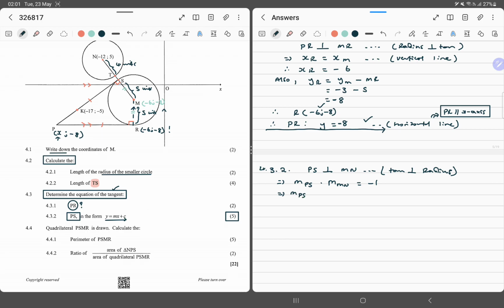So the gradient of PS times, what is the gradient of MN? It's going to be y at N, which is 5, minus y at M, which is minus 3, so that is +3, over x at N, which is -12, plus 6, is equal to -1. From here, you can make a determination that the gradient of PS is going to be equal to, we just work it out.